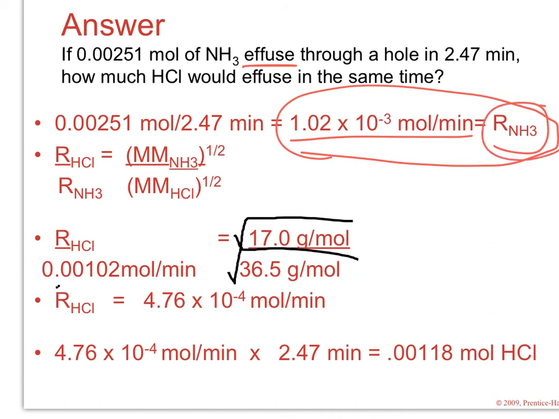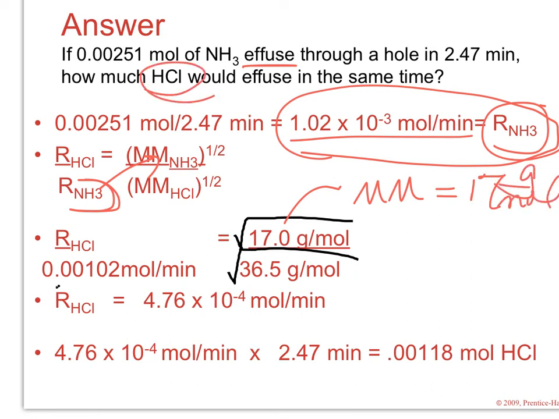If you put the rate of ammonia on bottom, that means the molar mass of ammonia goes on the top. The molar mass of ammonia is 17 grams per mole. And we're comparing it to HCl, hydrochloric acid. It doesn't matter which one you put on top and bottom as long as you have the crisscross relationship. The molar mass of HCl is 36.5 grams per mole.